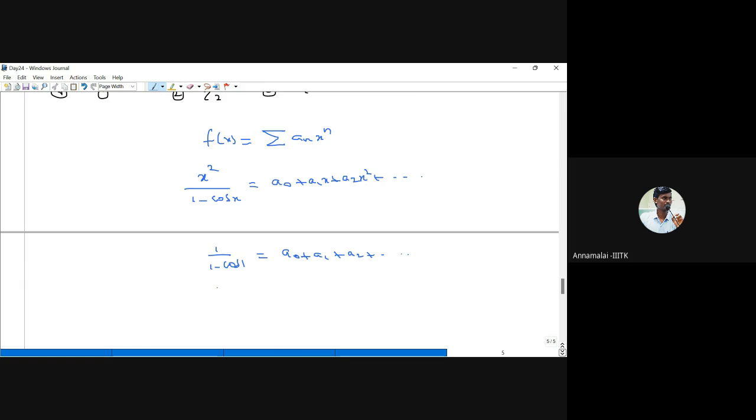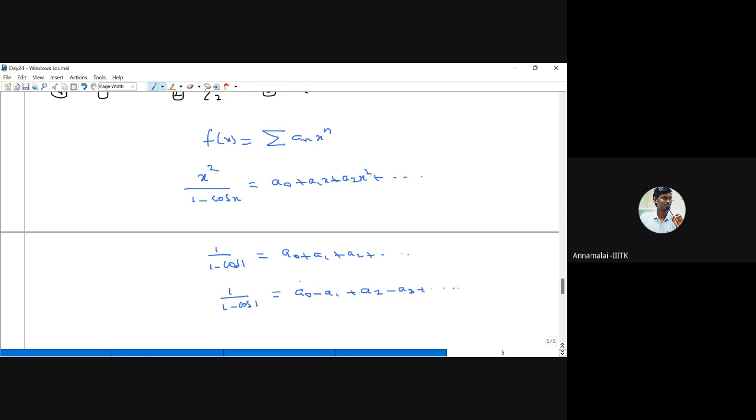Now if we substitute x equal to minus 1, minus 1 square is again 1, by 1 minus cos of minus 1, again cos 1, because cos is an even function. Cos of minus x, so minus 1 gives cos 1. But here we have alternating plus and minus: a0 minus a1 plus a2 minus a3 and so on, plus a4 and so on. But we need the odd terms.